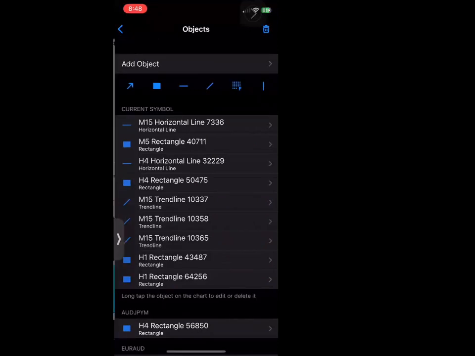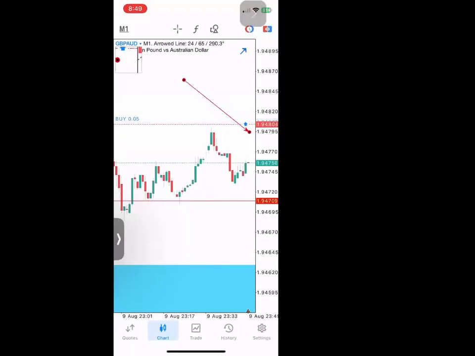Our entry started at the red price. So if we are buying, we will buy at the red price. If we are selling, we sell at the green price. I hope you guys are clear.